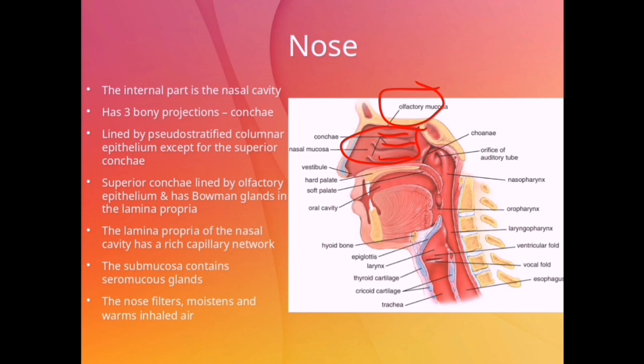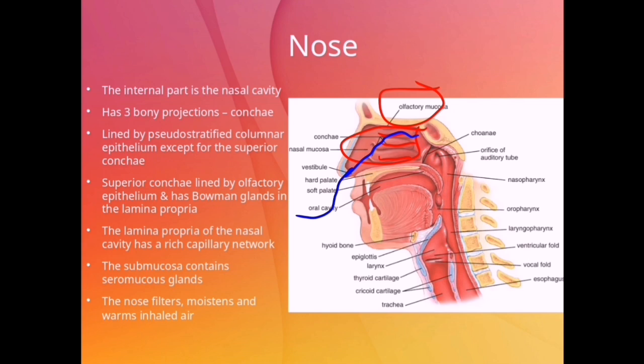As air enters through the nose via the nasal vestibule into the nasal cavity, it reaches the superior concha, where there is a specialized olfactory mucosa with an olfactory epithelium, which we talked about earlier. So it senses the smell of the air entering through the nose.